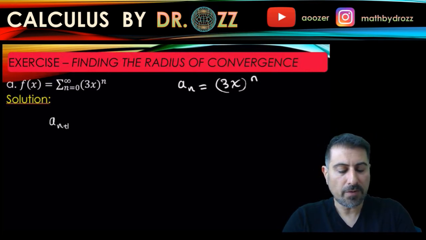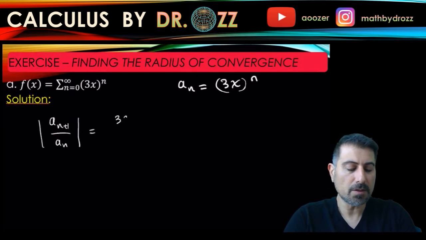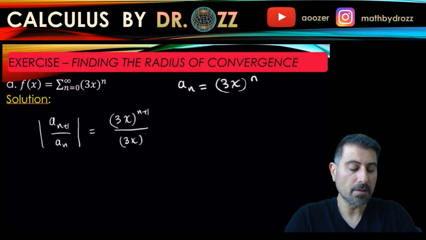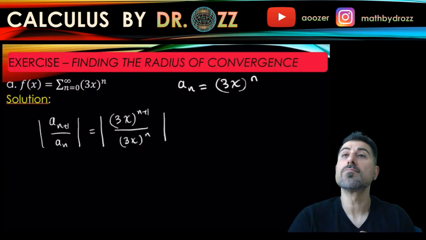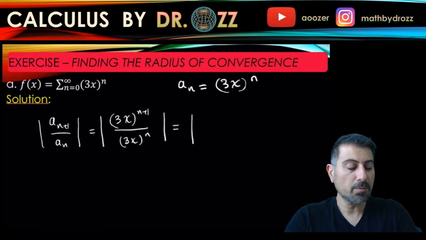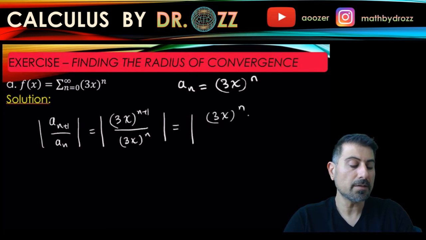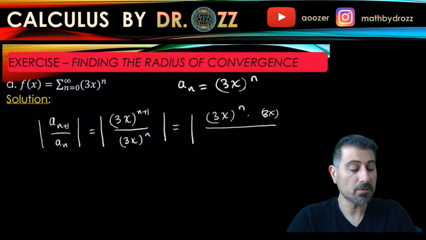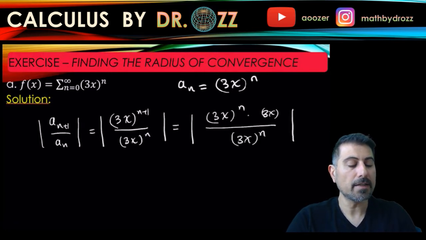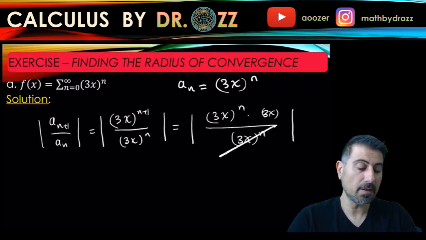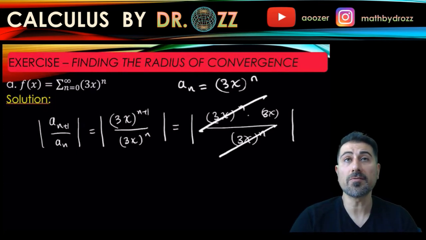So the absolute value of a_(n+1) over a_n is equal to this in the absolute value. And this is equal to (3x)^n times 3x. I can split that exponent here, and that allows me to cancel (3x)^n.